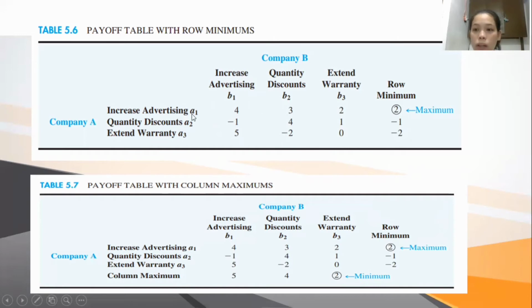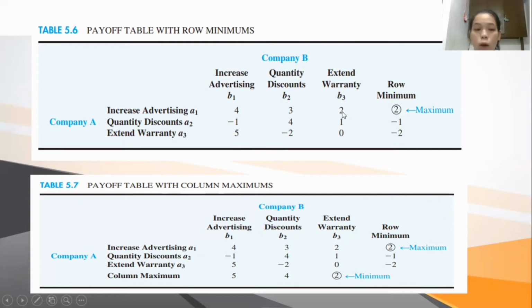So company A will assume that company B will select the B3 strategy, because it will limit the increase of market share to company A to 2%.